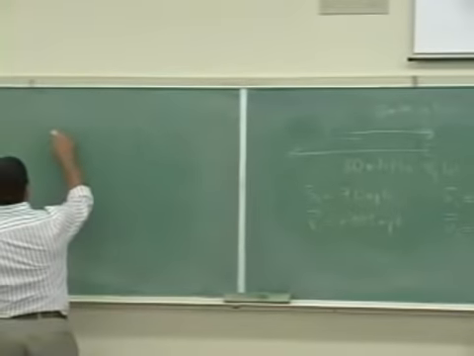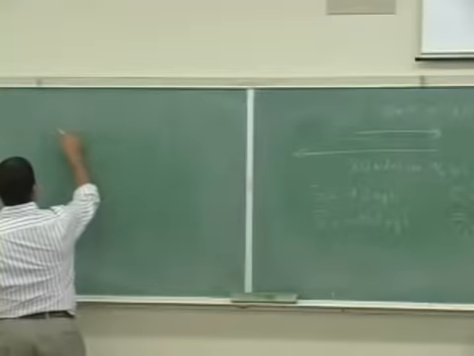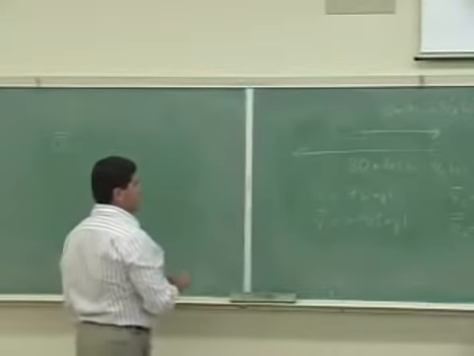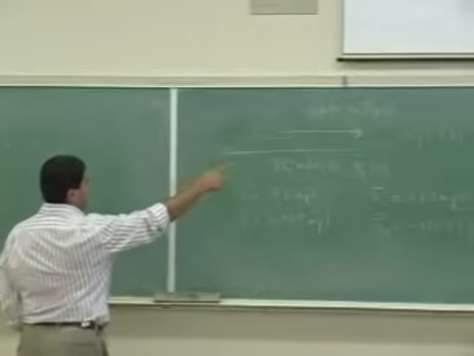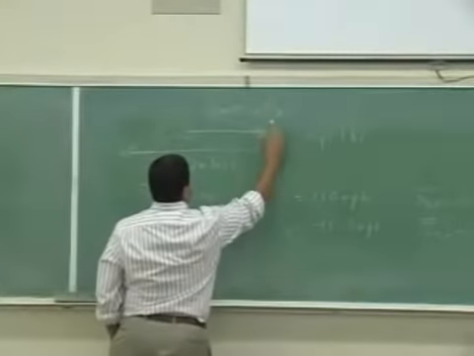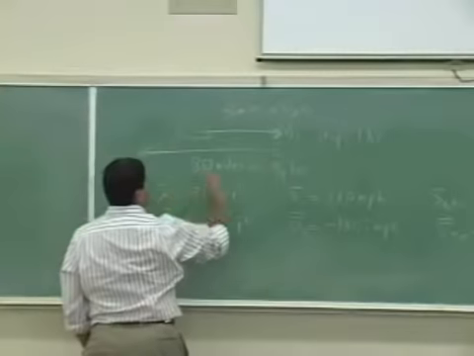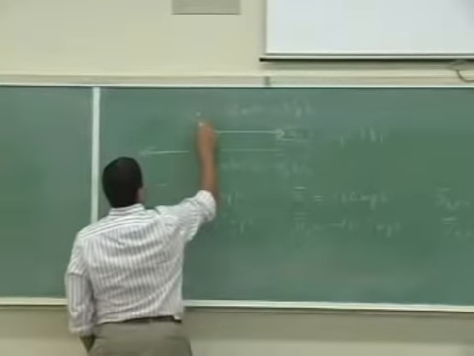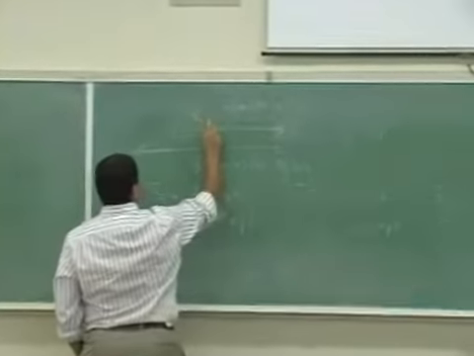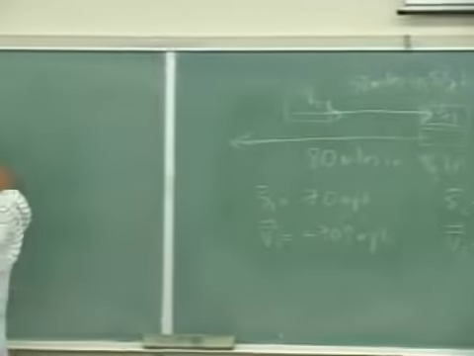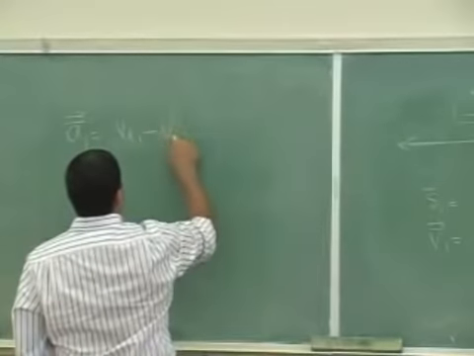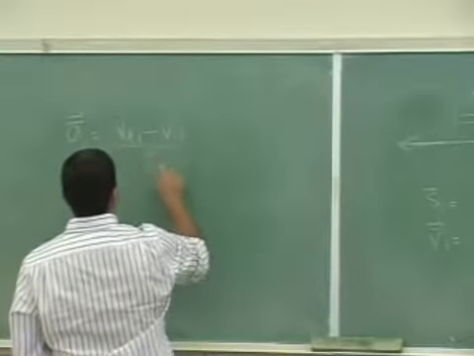Acceleration in stage 1 means it's the final velocity that it has at the end of stage 1, v final 1, and then this is the initial velocity that it has, v initial 1. So it's v final 1 minus v initial 1 over t1.